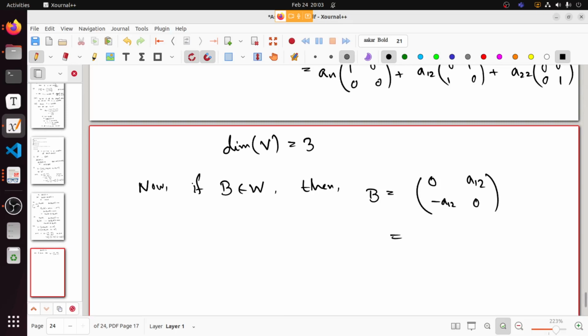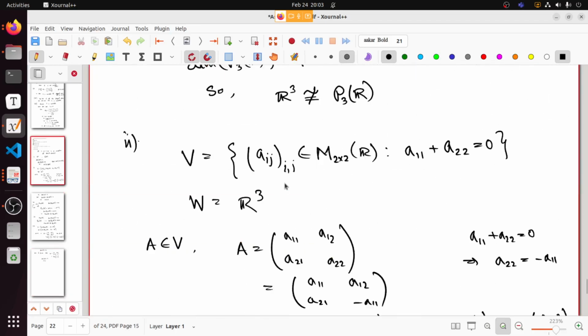So you can write this as A12 times 0 1 minus 1 0. So the dimension of W is 1. These two are not the same, so B is not isomorphic to W, right? So again this option is false.